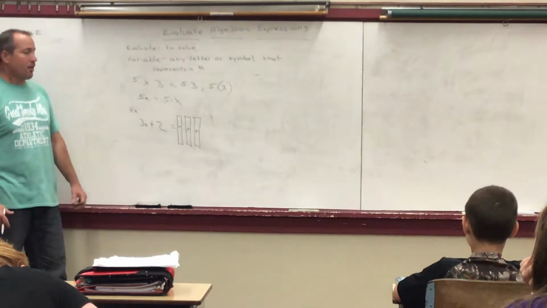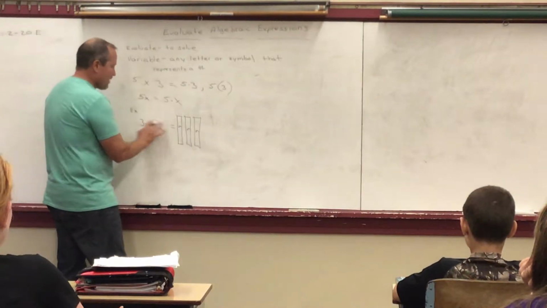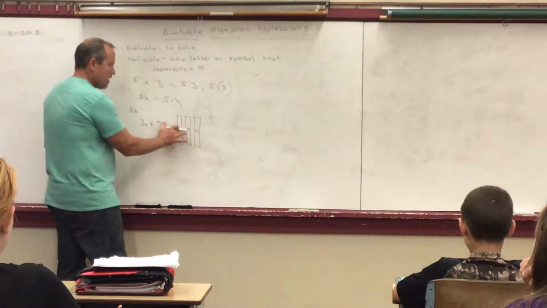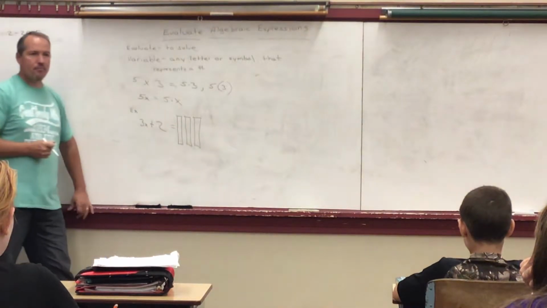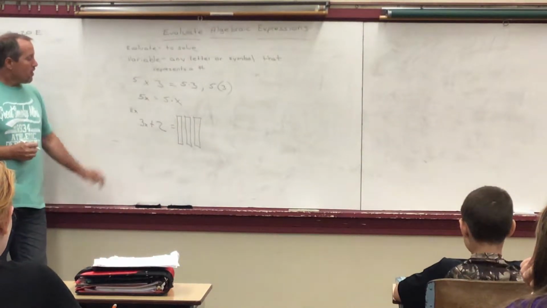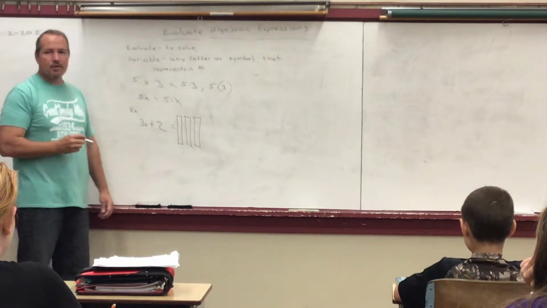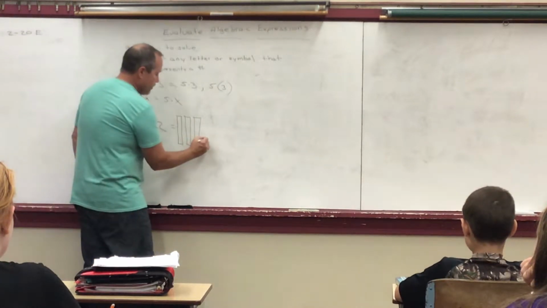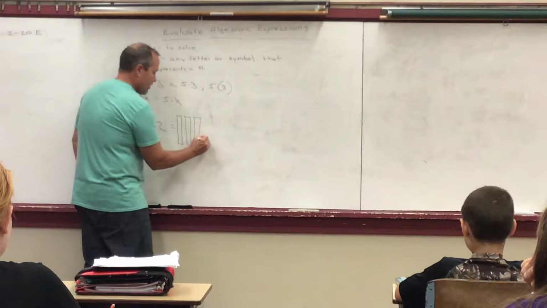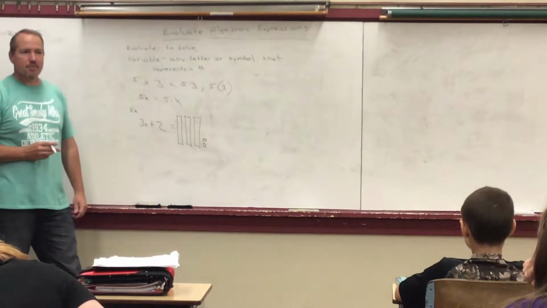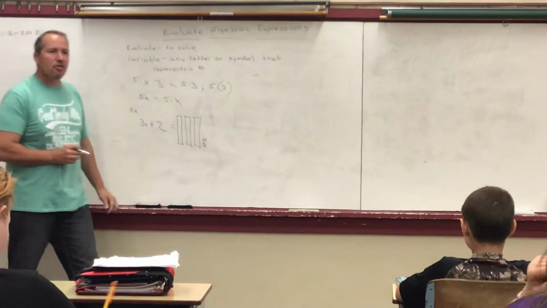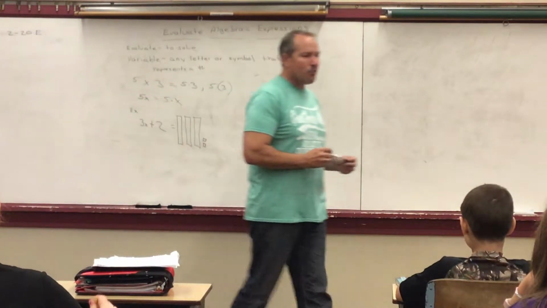So we're going to represent the x like that. Then it says we're going to add 2 to it. We're going to represent the 2 by 2 little squares. And so if they ask you to draw 3x plus 2, that's what it would look like.